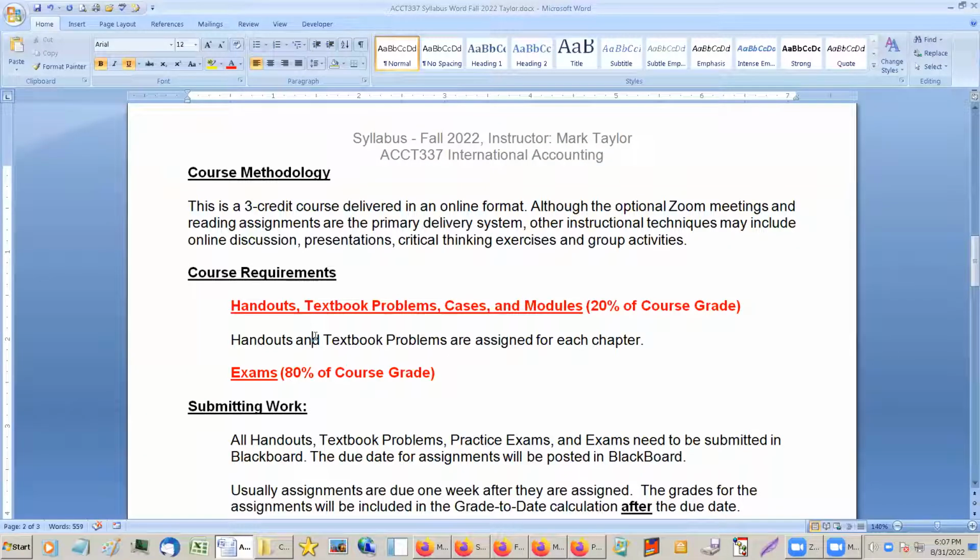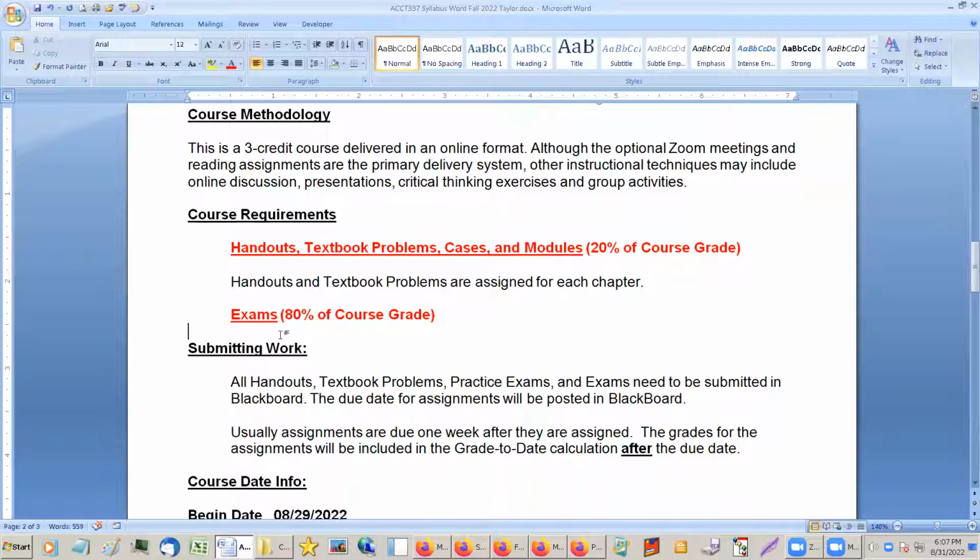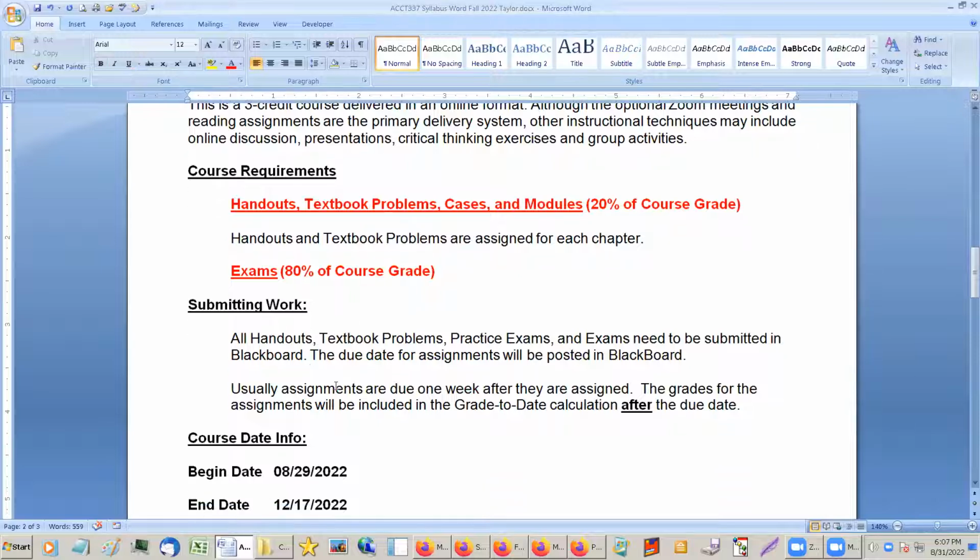We go through the parts of the chapters as we go along, and then we'll have a test after each chapter. The reason for doing that is generally people do better with more tests, and they also retain more with it.